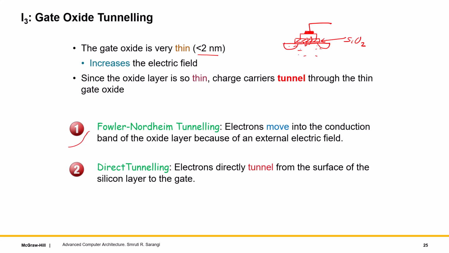That is known as direct tunneling, where you don't have to go via the oxide layer, which the first, FN tunneling, actually does. Regardless of their mutual contributions, both of them add up and they lead to current flow across the gate oxide layer, which till now we thought is kind of impenetrable.